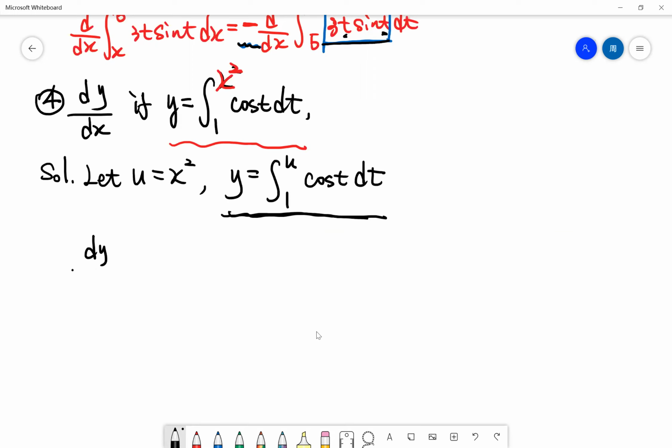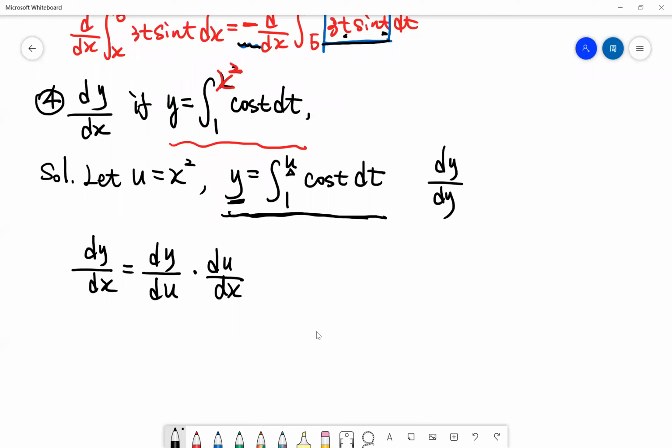So dy/dx equals dy/du times du/dx, right? It is sometimes like the chain rule. So here, dy/du times du/dx.